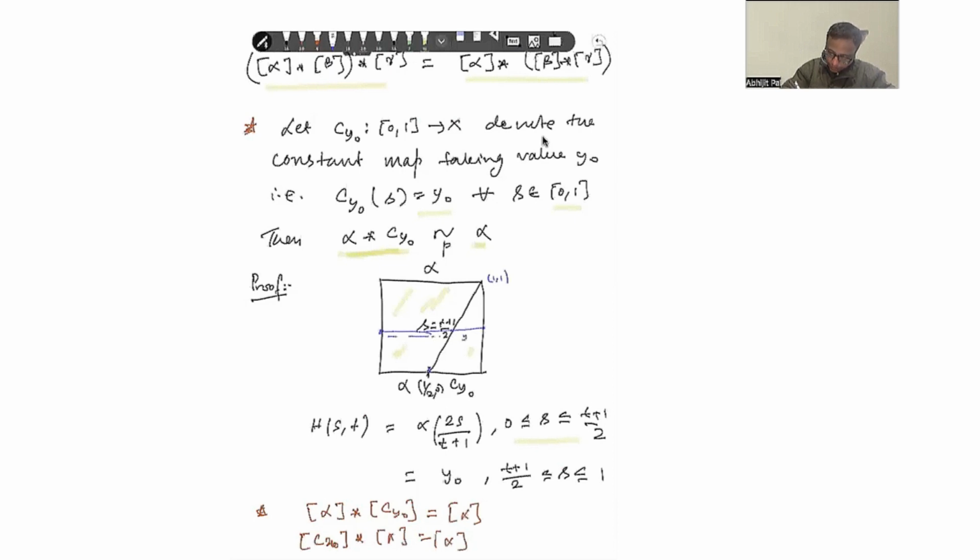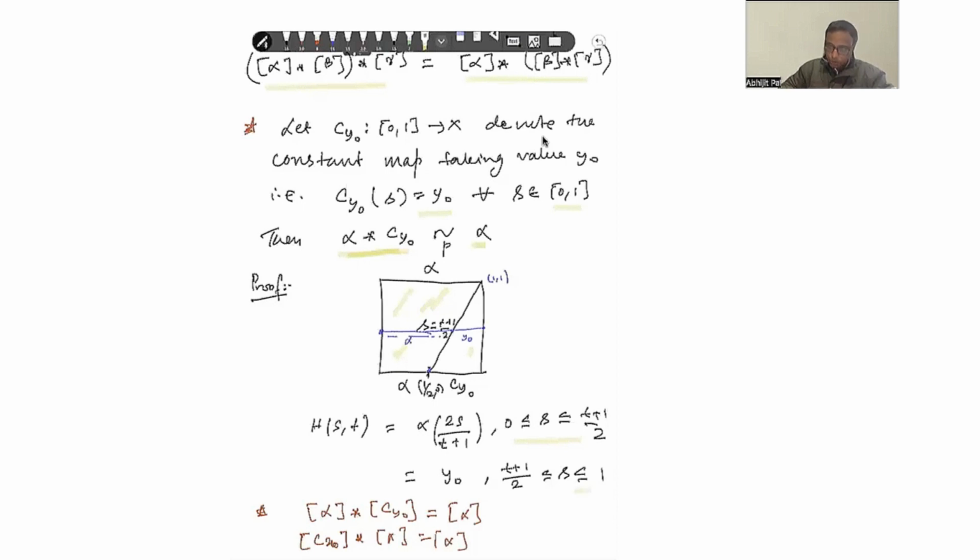So here it is your y naught, and here you are getting this alpha. So h(s, t) is equal to y naught if s is varying from (t plus 1) by 2 to 1.